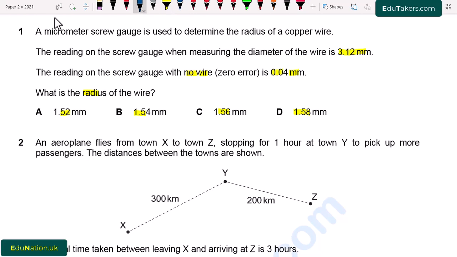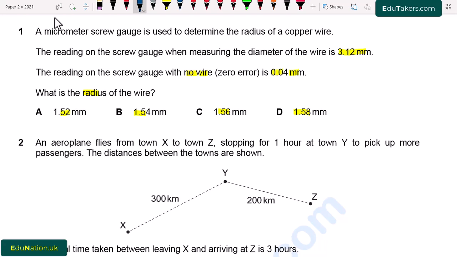First of all, the zero error is given, which is 0.04 mm. As we know, this zero error is positive, so when we make the correction we subtract it from the diameter of the wire measured with the screw gauge.